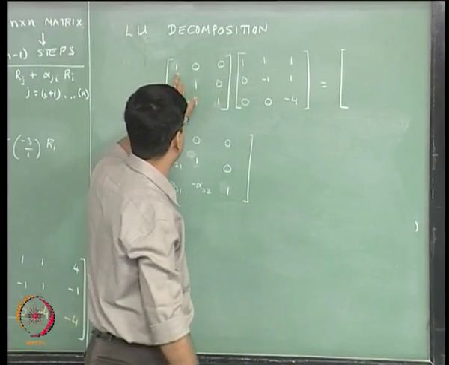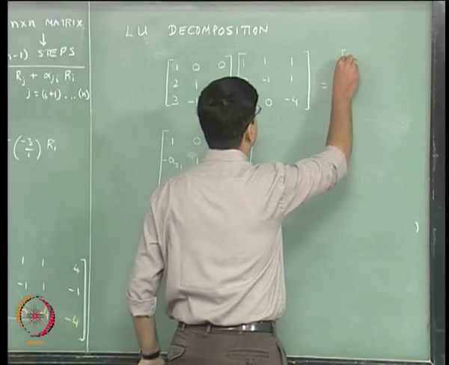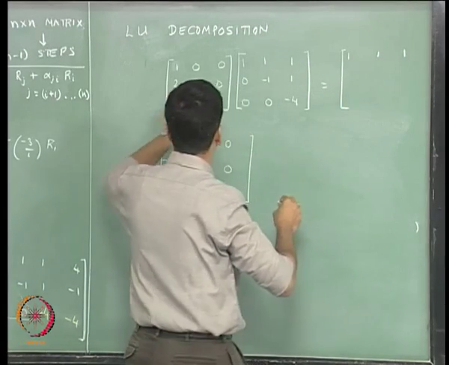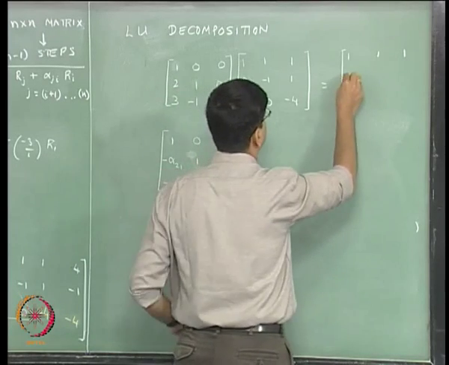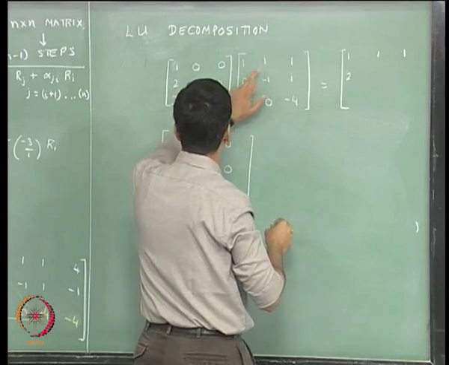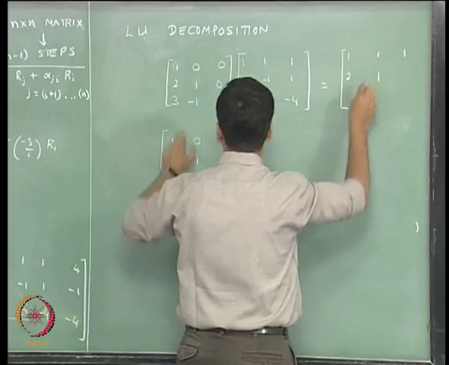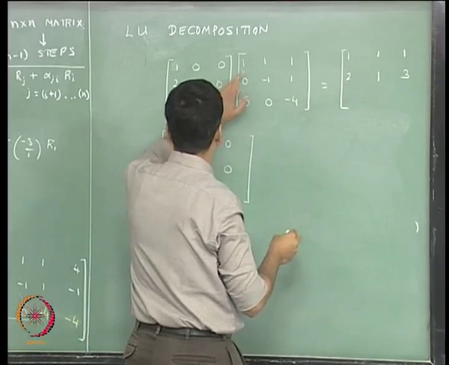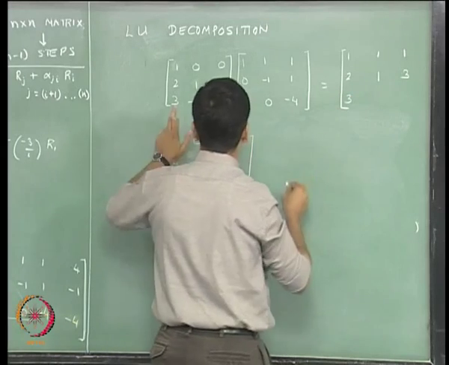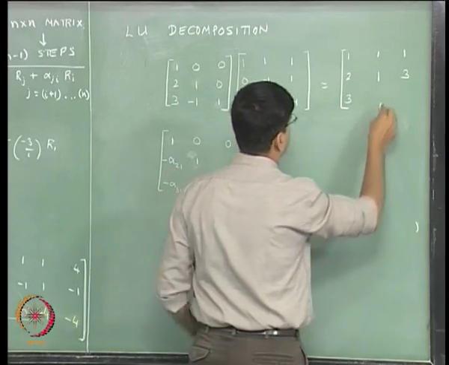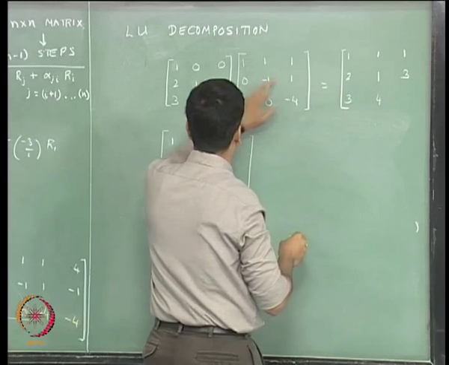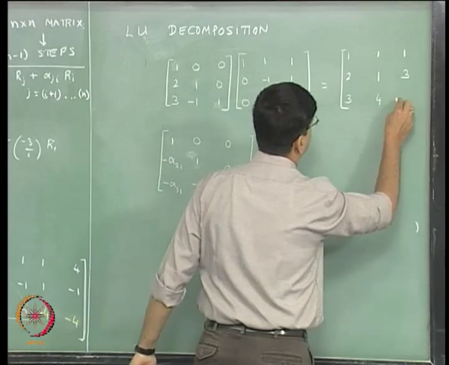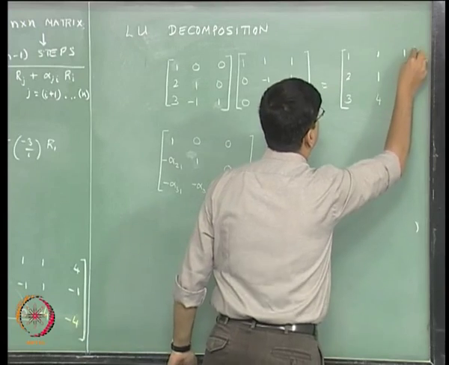Let us see what product we get. This is going to be equal to 1 1 and 1. This will be 2 plus 0 plus 0, that is 2, that is 2 minus 1, that is 1, 2 plus 1 equal to 3, and this is 3, 3 plus 1 equal to 4, and 3 minus 1, that is 2, minus 4 equal to minus 2.